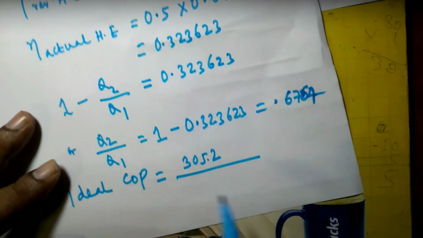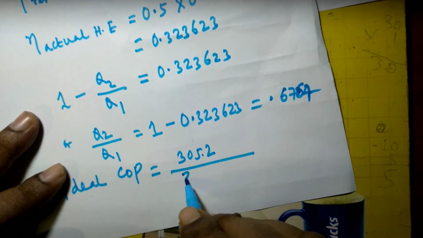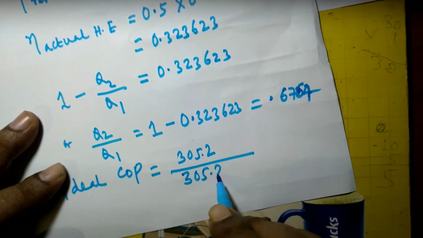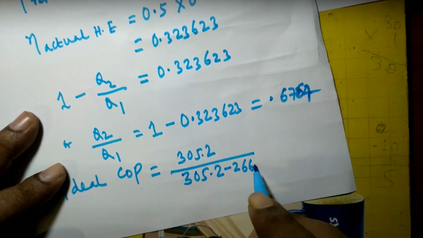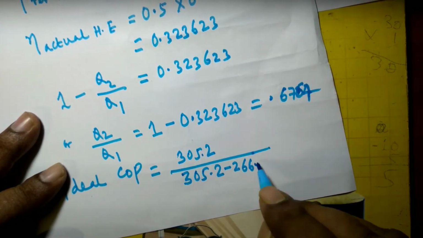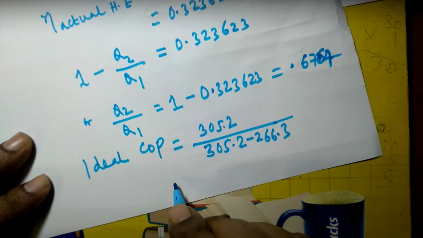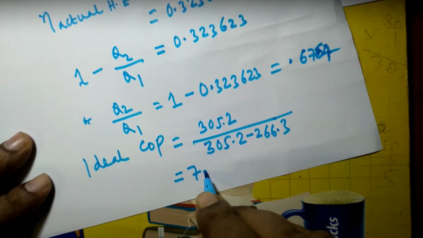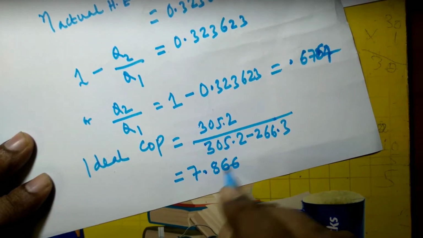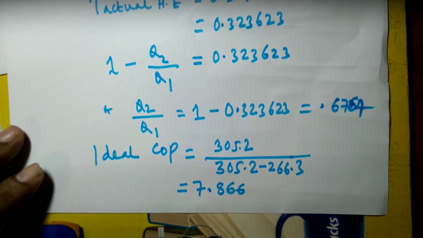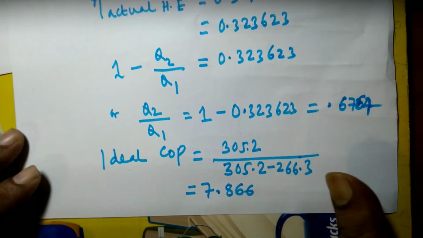So 305.2 divided by 305.2 minus 266.3 is equal to 7.866. This is the ideal COP.